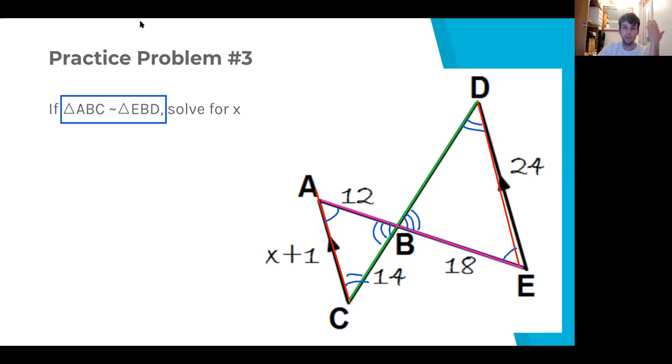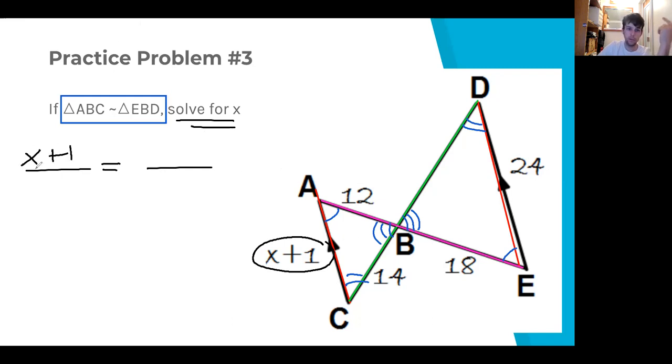All right, so keeping in mind that our goal here for this problem is kind of the same as the last 2 that we've been doing. We're trying to write and solve an equation for x. We're talking about the sides of similar triangles. We're going to need to set up a proportion. So I want x involved in it, obviously, in order to solve it. So x plus 1. That's going to correspond with 24. Those obviously correspond.